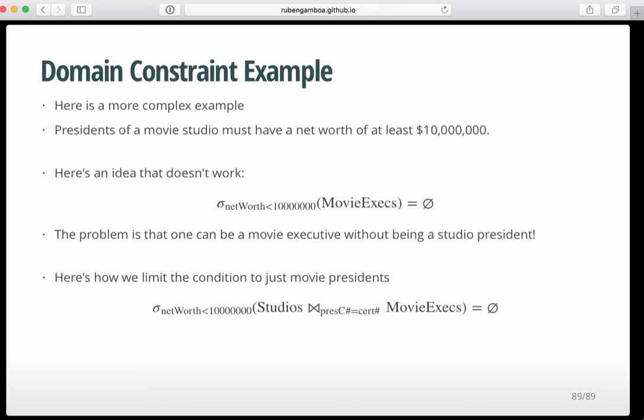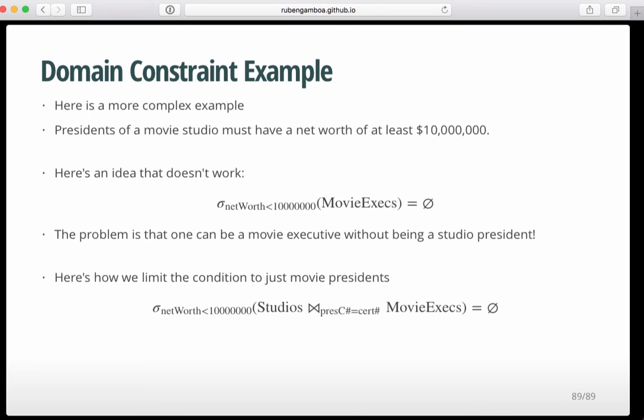So here's a really, really hard example. And this just shows you how powerful these constraints are in databases. So I would like to have a constraint that says that if you are the president of a movie studio, then your net worth has to be at least $10 million. So here's a simple way of doing it, which doesn't work. And that is select from movie execs people that have less than $10 million net worth.